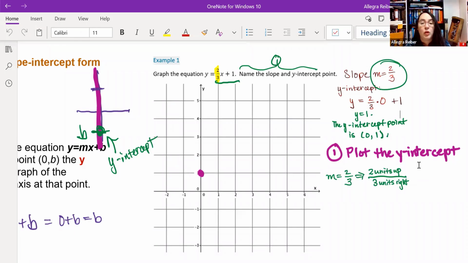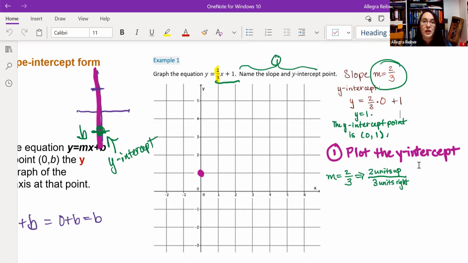This is because we know that the ratio of movement in the vertical direction, where positive means up, to movement towards the right should be the value of the slope. So here I'm not using the slope in its unit rate form, but as a ratio.